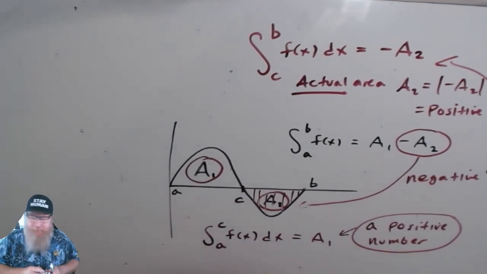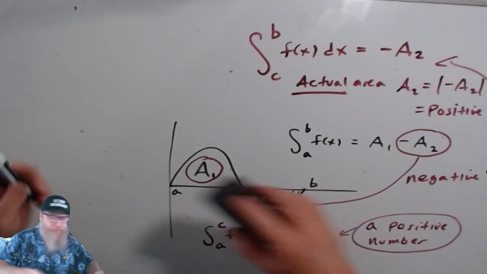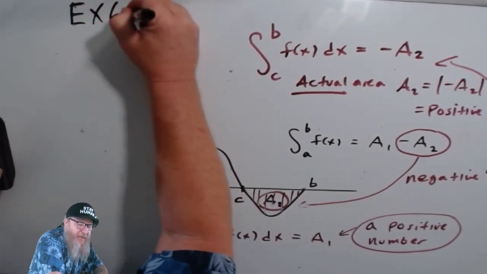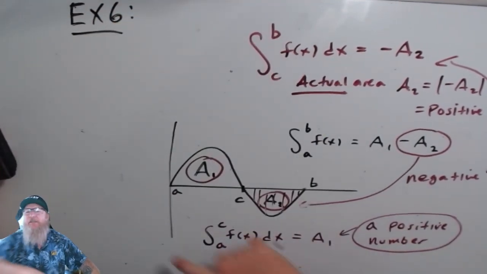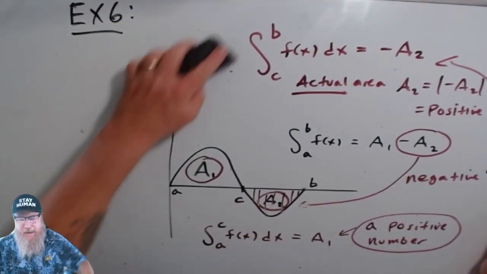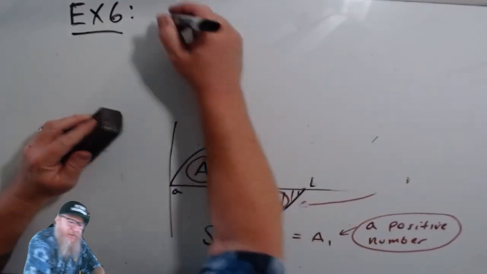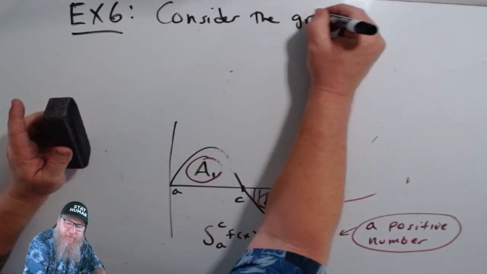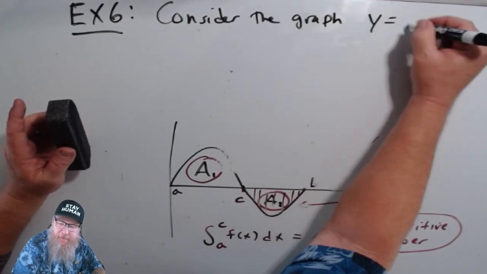Let me give you an example with some actual numbers here. So let's do example 6. And let's just start with a graph that we already have. So consider the graph of y equals f of x.